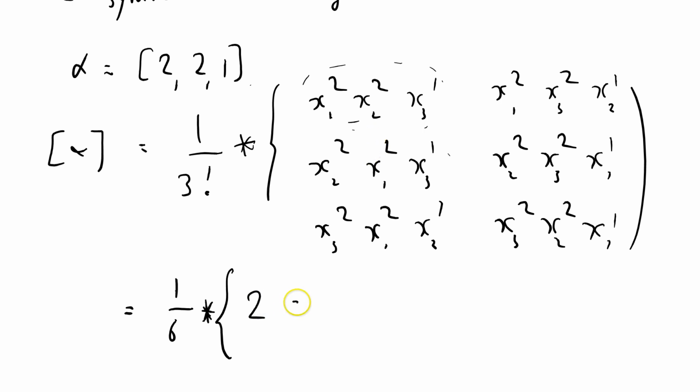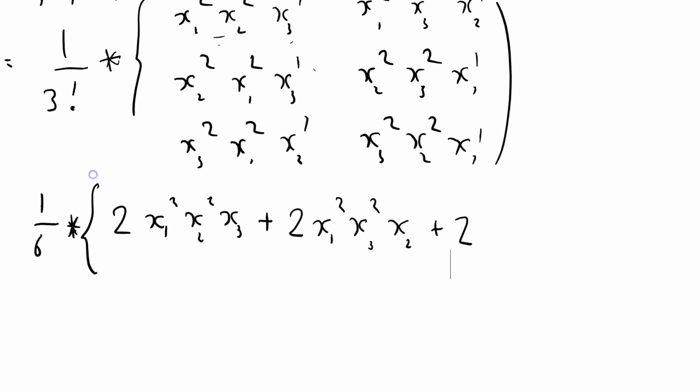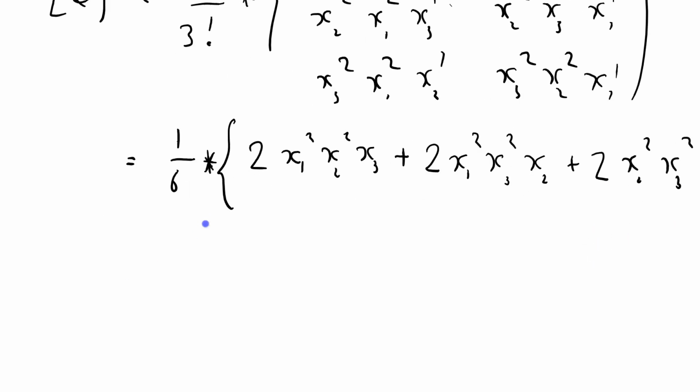So here I've got 2 x1 squared, x2 squared, x3, that's that term and that term, plus 2 x1 squared, x3 squared, x2, plus 2 x2 squared, x3 squared, x1. Okay?